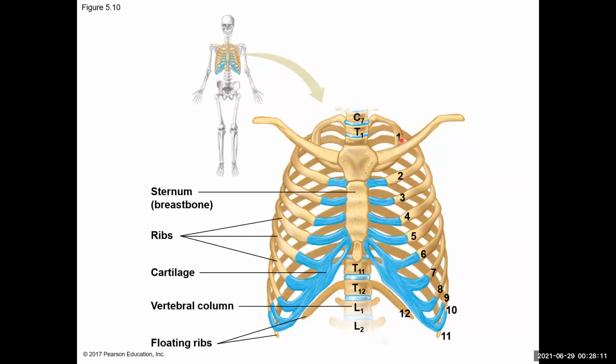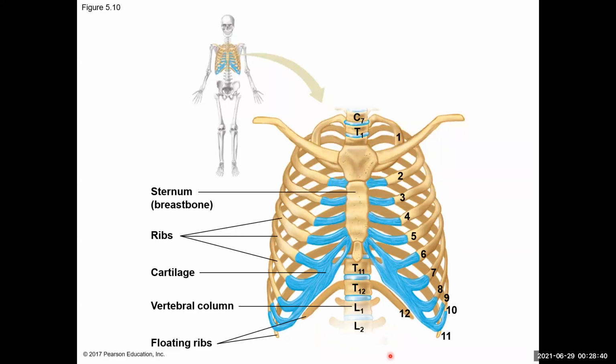Now you can see 1 through 5 has this direct attachment with the cartilage to the sternum. But 6, 7, 8, 9, and 10 have this indirect attachment as they all merge to one area and connect with the sternum. But then 11 and 12 have no attachment to the sternum. And so these are known as the floating ribs.